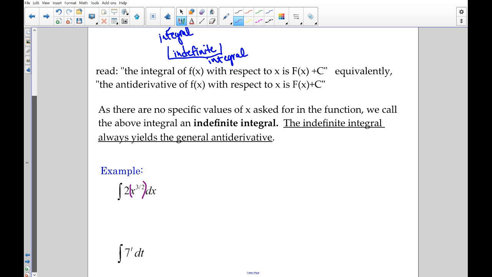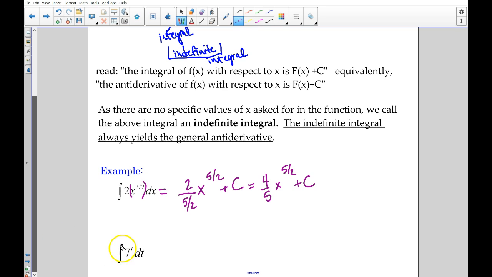To find the antiderivative, I have to increase the power by 1, and then divide by the power. So divide by 5 halves, and remember my constant. Simplifying all this, it ends up being 4/5 x to the 5 halves plus c. If the simplification is easy, do it.